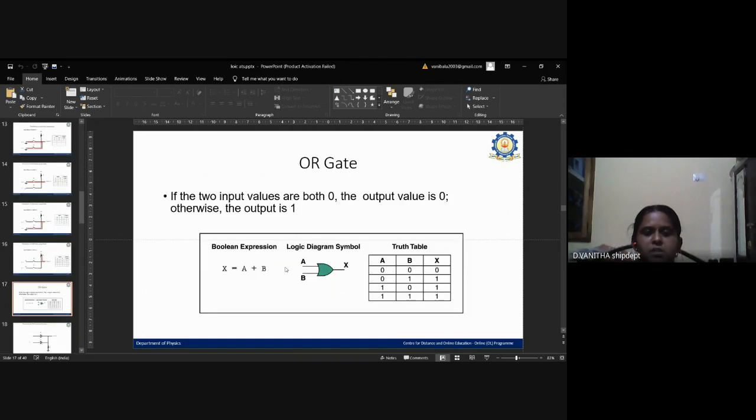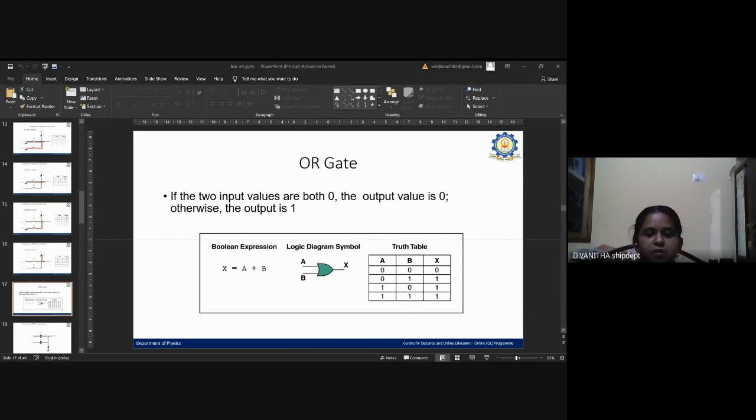So next one is the OR gate. The OR gate is represented by the Boolean expression x equal to A plus B. Here, the logic diagram of the OR gate is A, B. This will be the logic diagram.